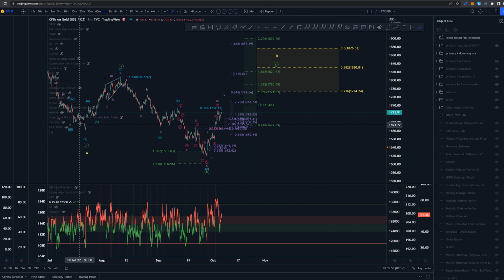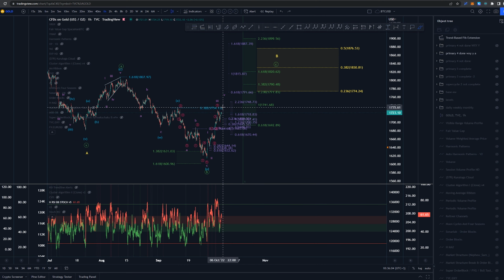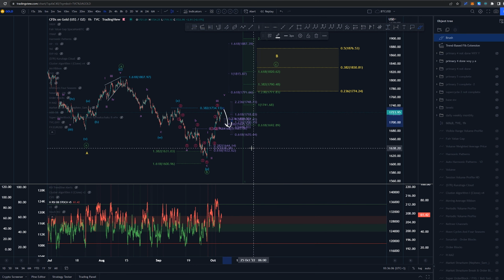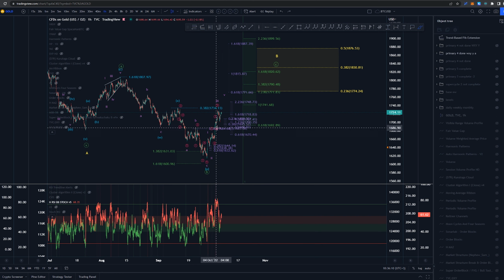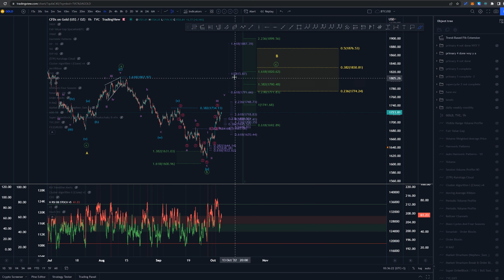That would again create that expanding flat, which is more common than this one. But we'll see how this starts to morph into it, or whether it just does something like this. Then I'm going to get out down here just below the 0.5 retracement of that 3rd wave, to secure some gains, and then maybe get back in if it shows some kind of 5-wave move, and then pull back before going up higher.